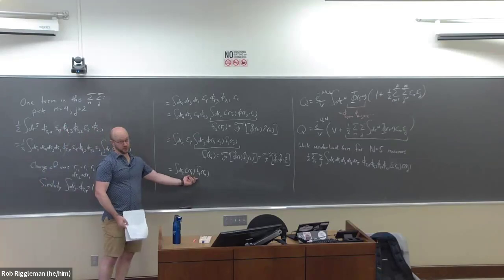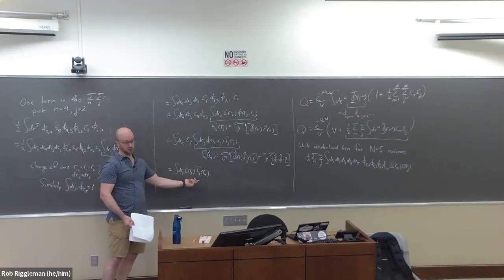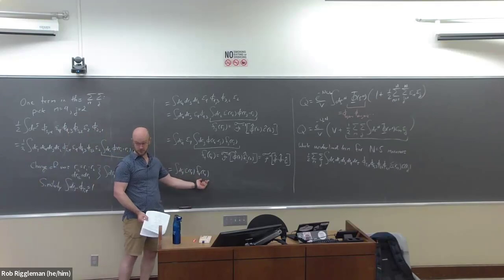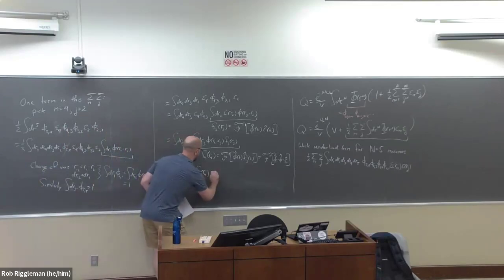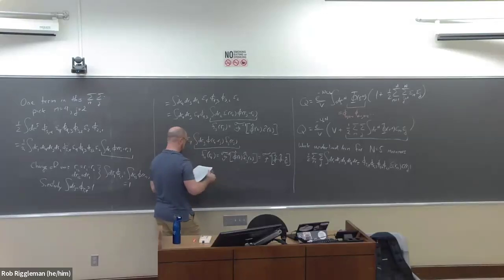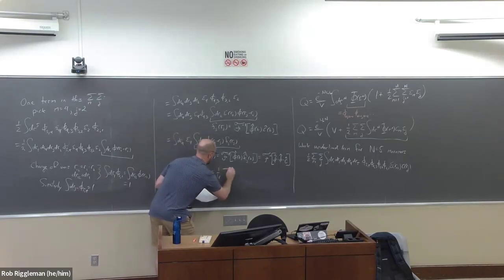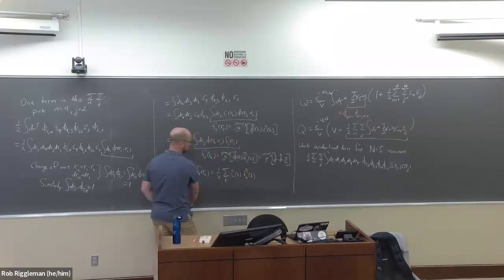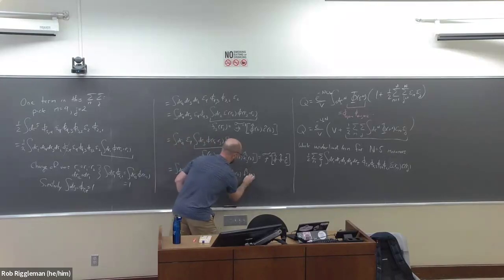And this is where we can finally use the other Fourier transform rule that we had, where we write this as the sum over modes, the first function of k times the second function of minus k. So this is now one over V, sum over Fourier modes, epsilon hat of k, sorry, of minus k.